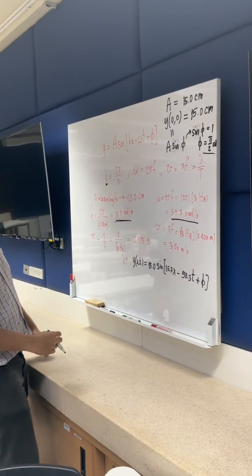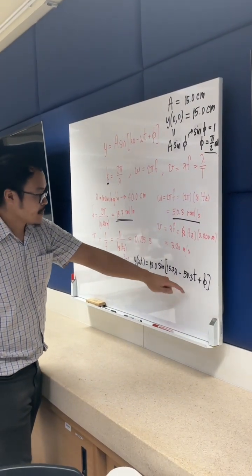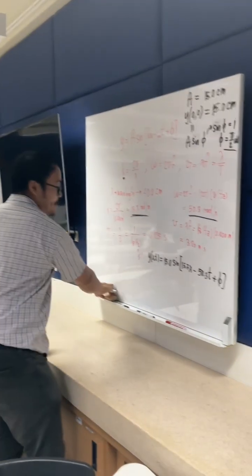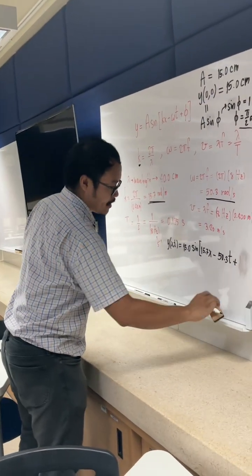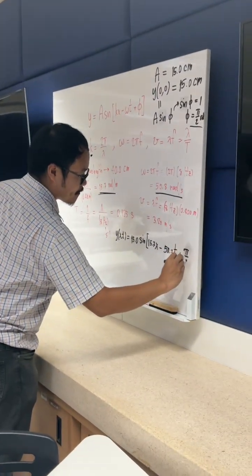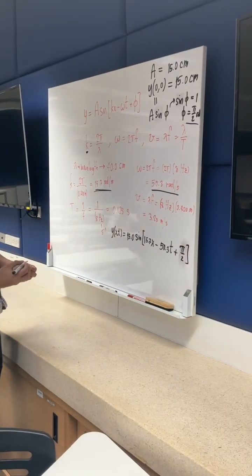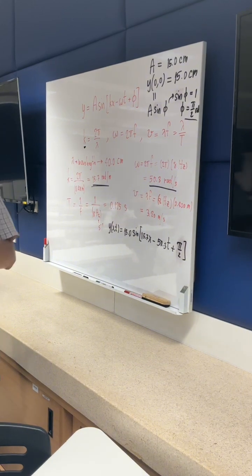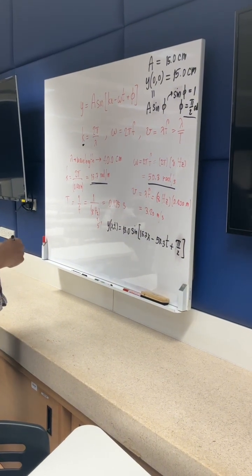And then we can already see that phi is pi over 2, right? And now with this we can just convert it to cosine if we want, right? So that's no big deal, right?